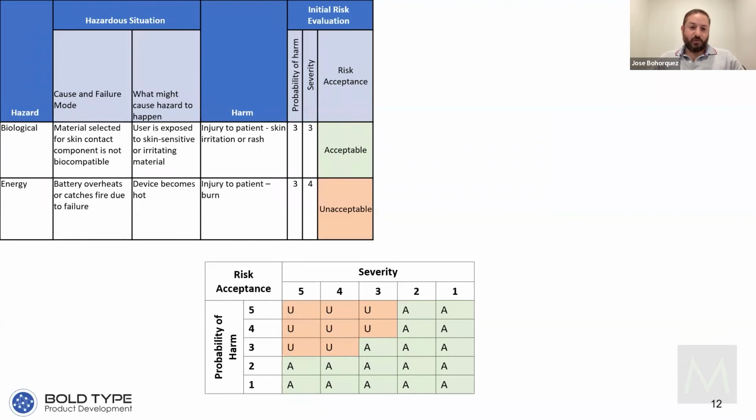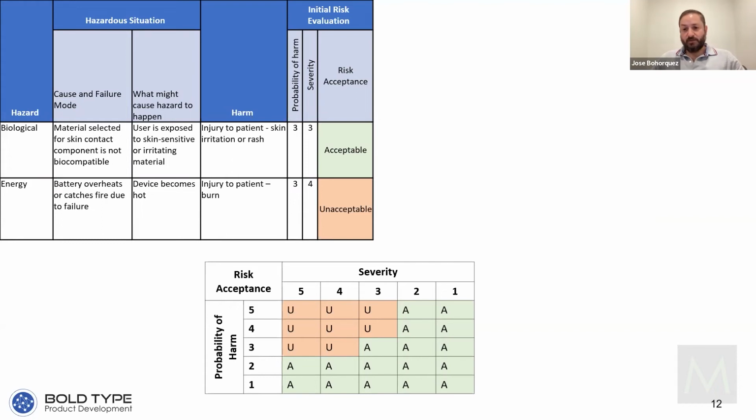Even if a patient getting a rash has a severity that is only minor or moderate, you still don't want 20% of your patients getting a rash, because that's not going to do a lot of good for your company's reputation, and certainly it'll do a lot more harm to patients than is necessary. So even when a risk is acceptable, most of the time you still try to mitigate it.